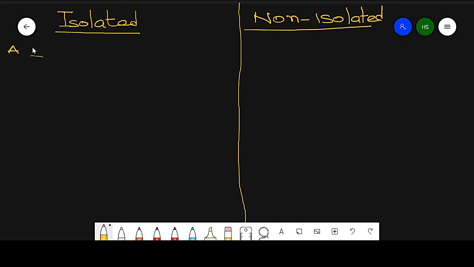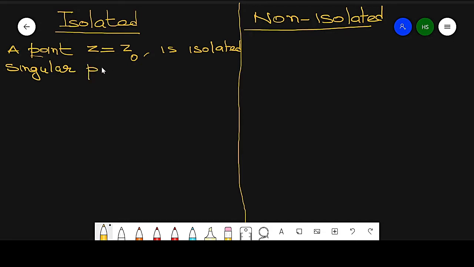Suppose a point z equal to z0 is an isolated singular point of a function f(z).